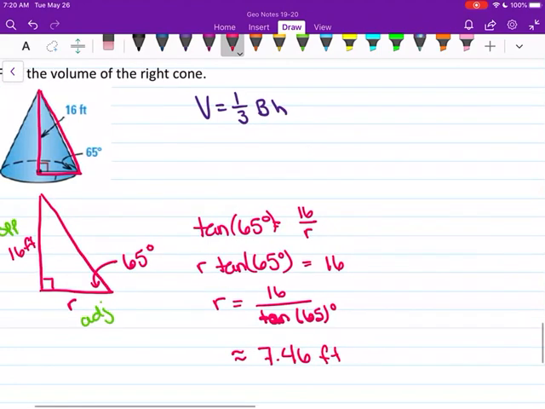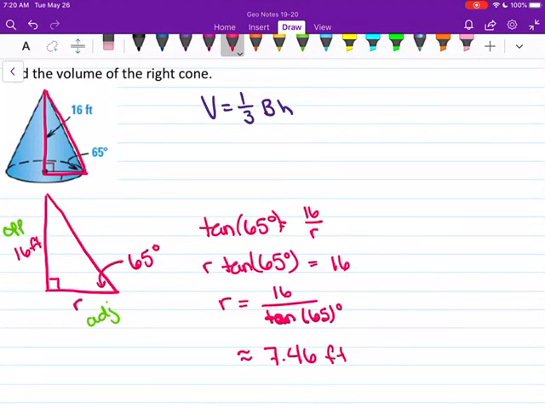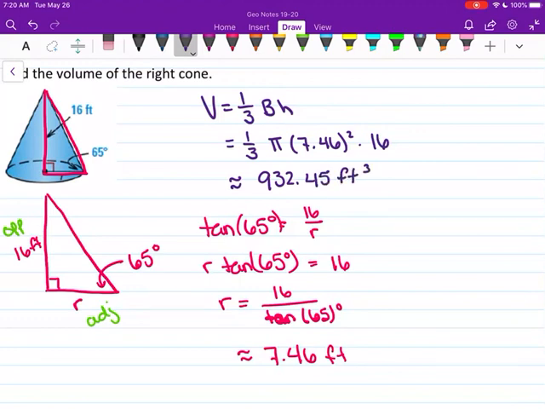Okay, so now if I go back to my volume formula, the area of the base is pi r squared, and r is 7.46 squared, times the height of my cone, which is 16. And so when I plug that into my calculator, I'm going to get approximately 932.45 cubic feet. So that would be my answer for the volume of that cone.